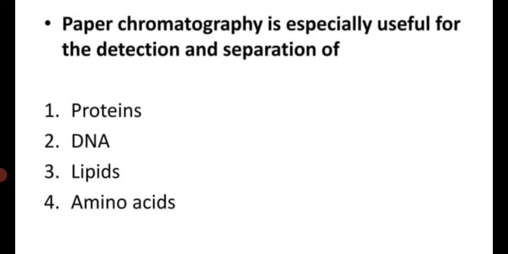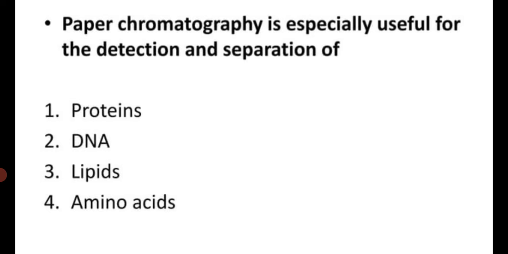RF stands for retardation factor, and this is the ratio of two distances: one is the solute's distance and the other is the solvent's distance. This ratio is used for RF value calculation.